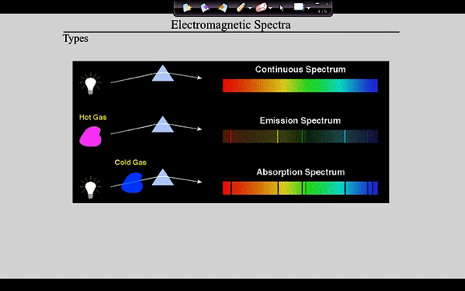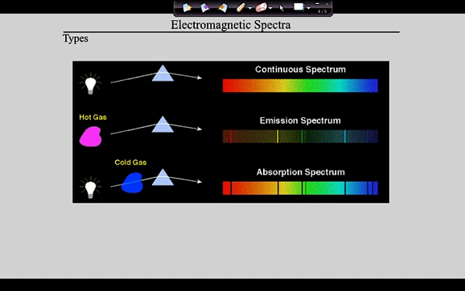They focus on a nebula out in space, and if they can line it up so that there's a source of light on the other side, they can collect the light that goes through the nebula, and instead of seeing bright bands from the emission, you see dark bands as the electrons in the atoms in the cold gas are being excited. Does that make sense? Now, guys, here's the thing that's interesting.